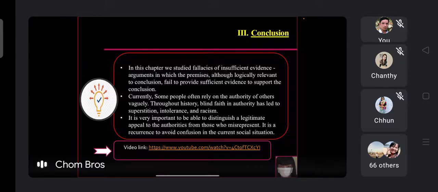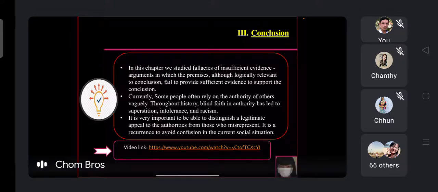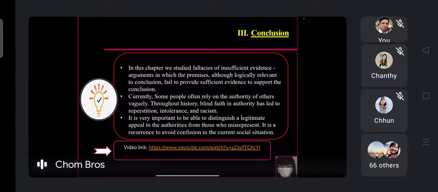Throughout history, blind faith in authority has led to superstition, intolerance, and racism. It is very important to be able to distinguish legitimate appeals to authority from false ones. It is important to avoid confusion in the current social situation.